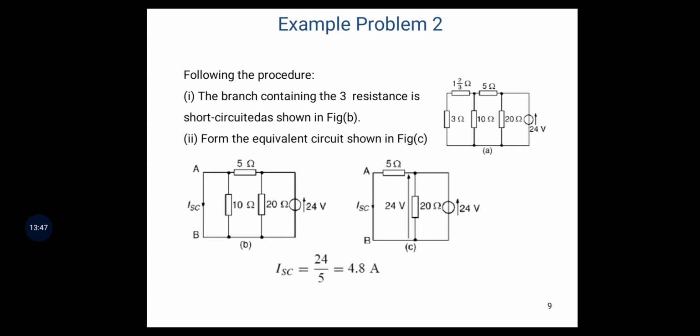Exactly 24 volts appears across 20 ohms, because the 20 ohm resistor is in parallel with the 24 volt source. So simply I equals V by R, 24 divided by 5, that equals 4.8 amperes.